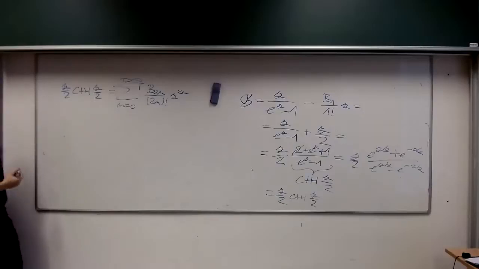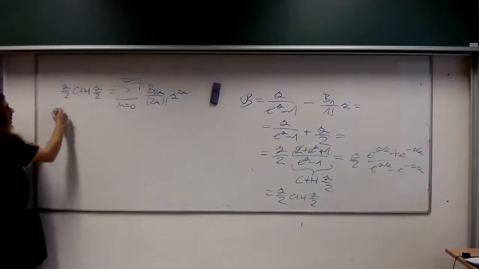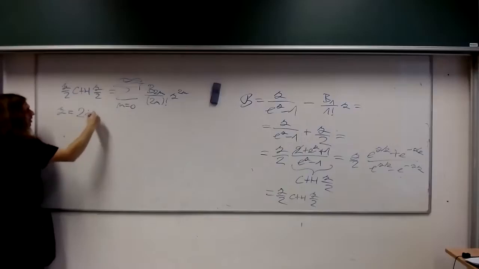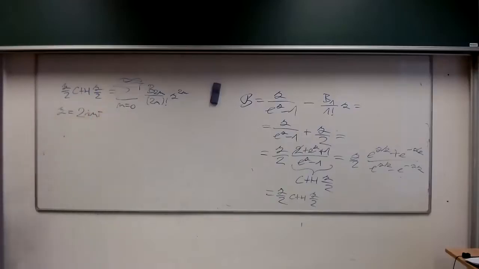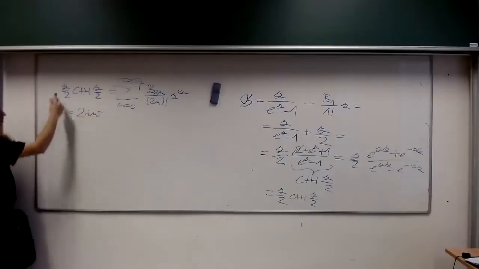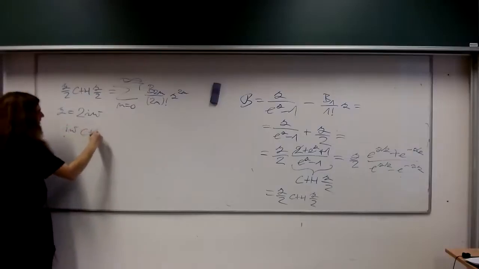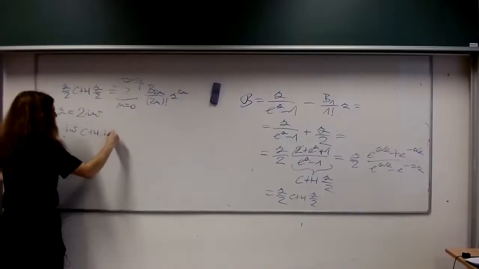So for instance, first let's just put z equals 2iw, where w is some new variable. So here we have iw times cotangent hyperbolic iw.